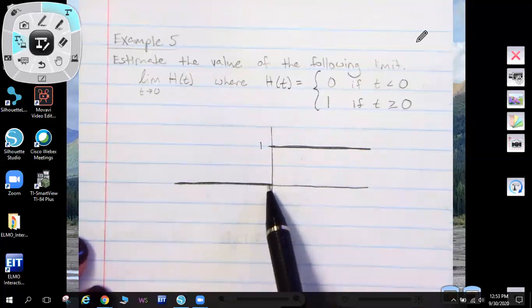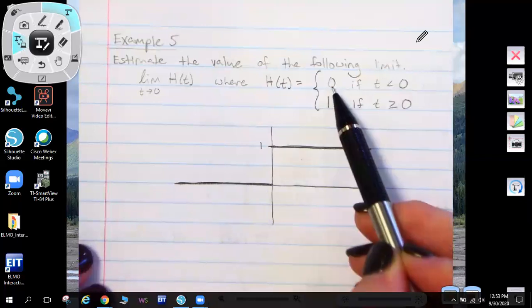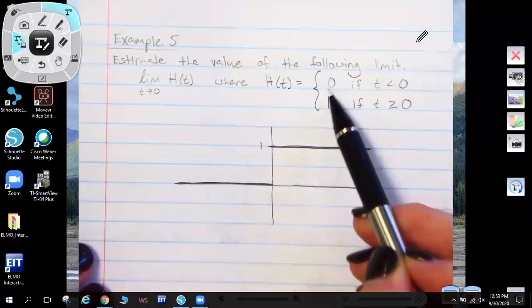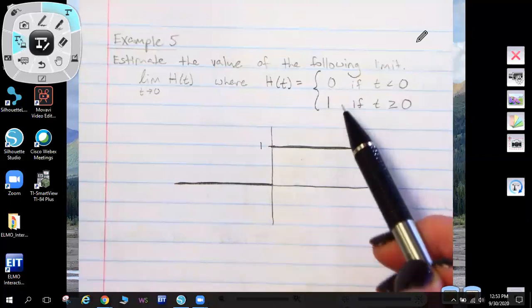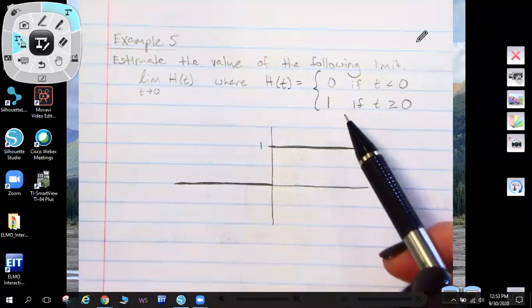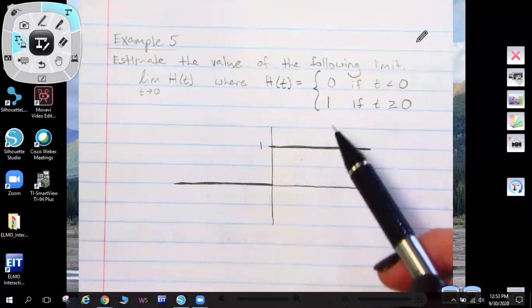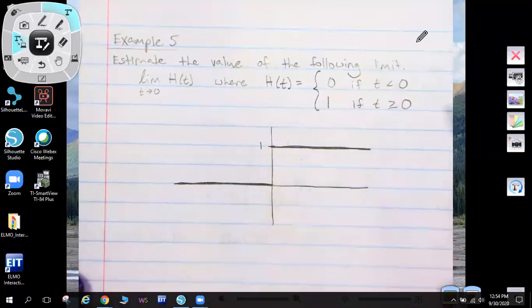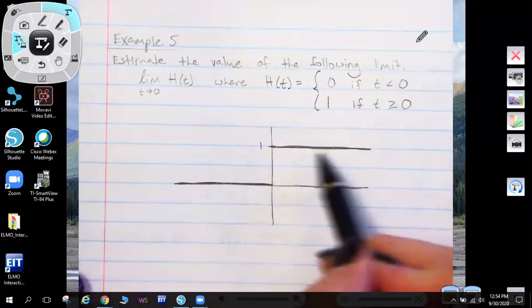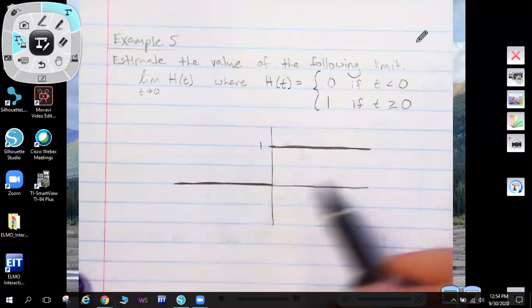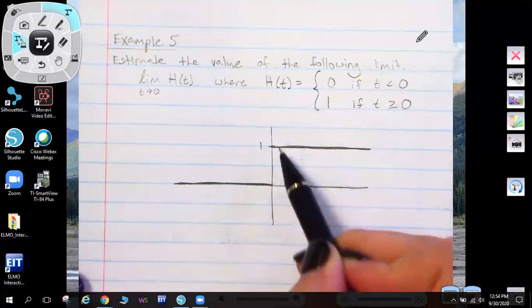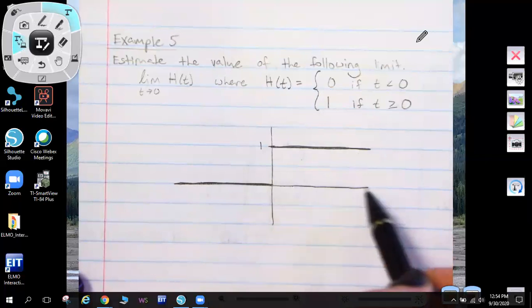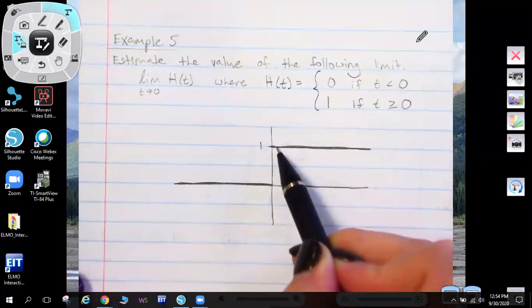All of these x values are less than 0, so our chart would have function values of 0 every time. On the other side, looking at values getting closer and closer to 0 from the right side, all of these x values are going to produce function values of 1.